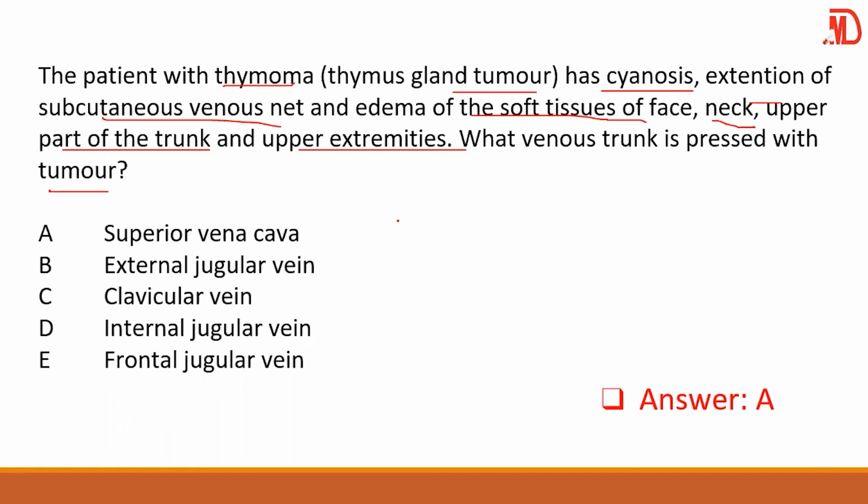Because this drains or brings deoxygenated blood from the systemic circulation to the right atrium of the heart. The inferior one will also bring the ones from beneath, from the lower extremities, the abdomen, and brings them up to the heart for oxygenation. So this tumor will compress this superior vena cava. So your answer is A.